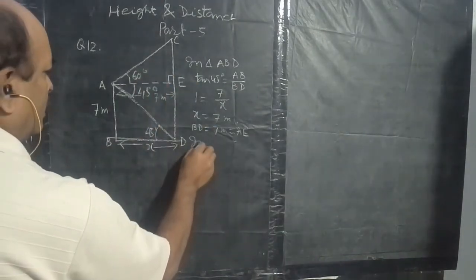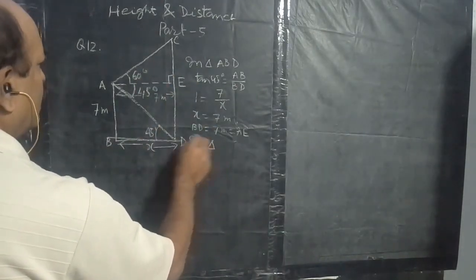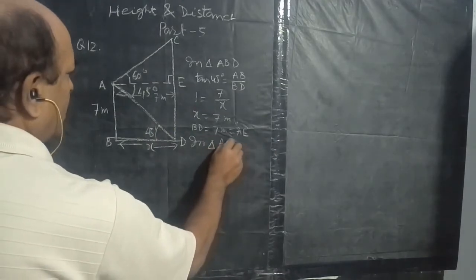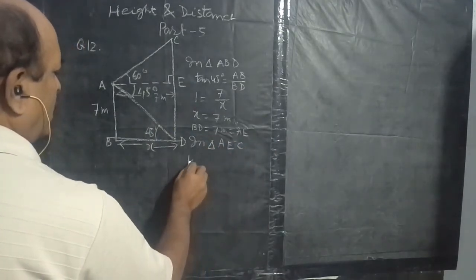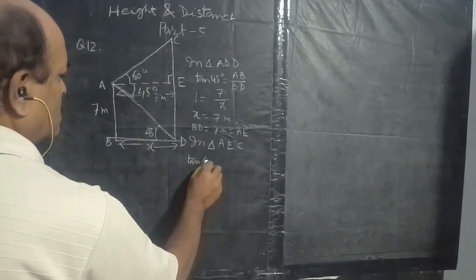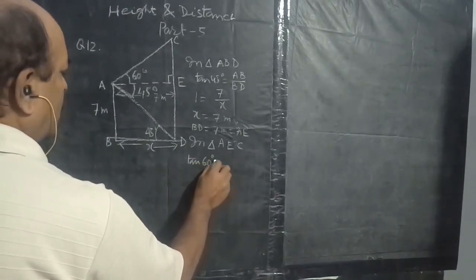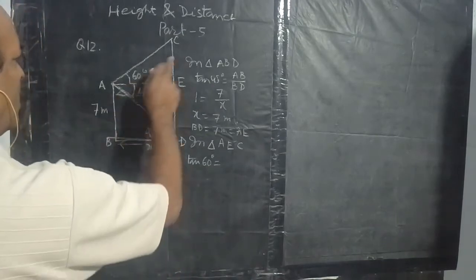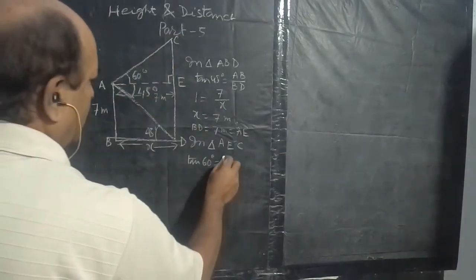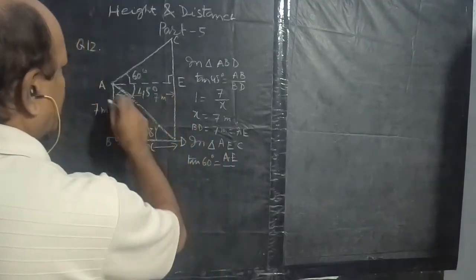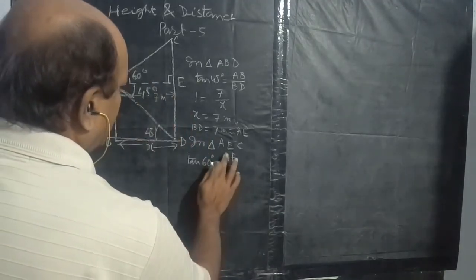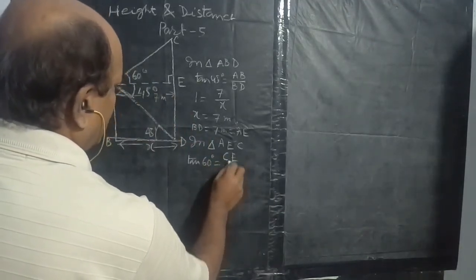Now in triangle AEC, tan 60 degree equal to opposite upon adjacent, means CE upon AE.